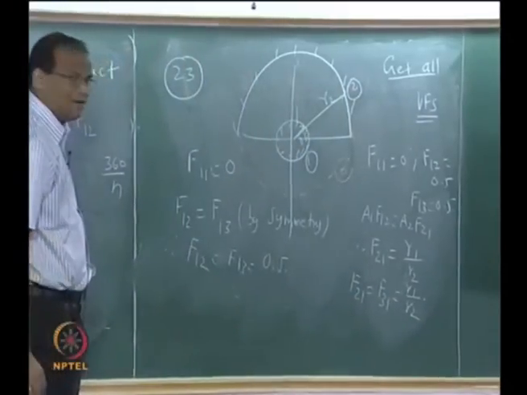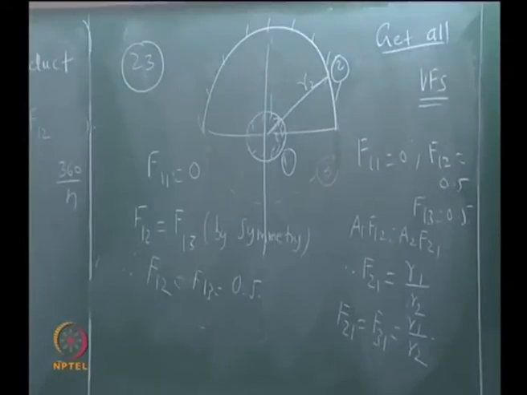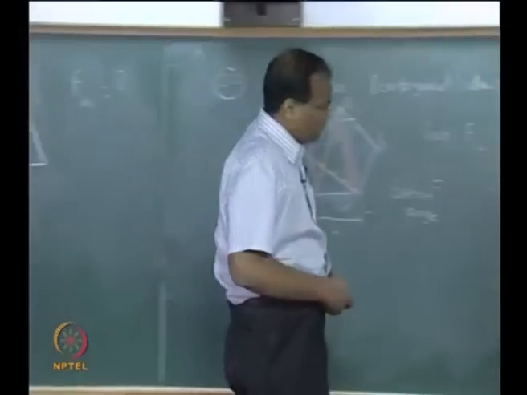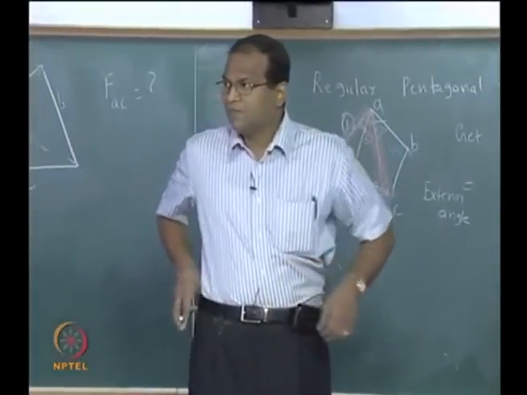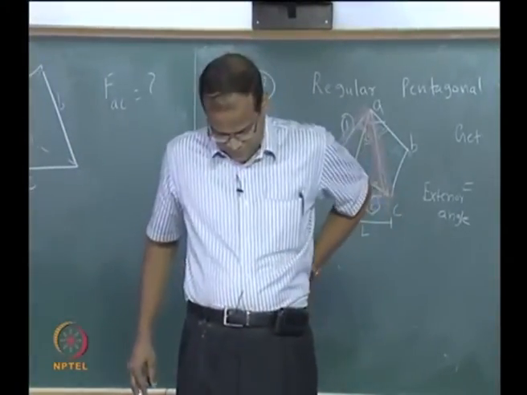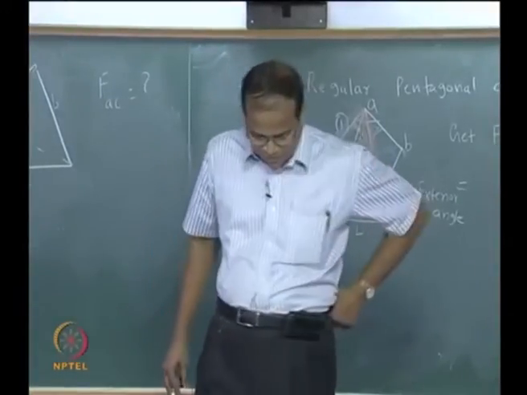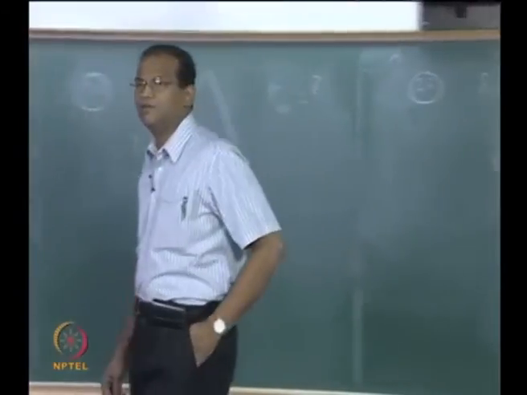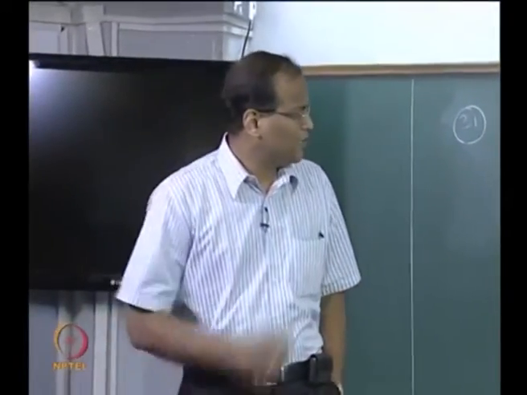And then F22. What I have done is, it is R1 by R2, okay. So it depends on, I have given R1 by R2 equal to half or something, right. So what are the other things required now?